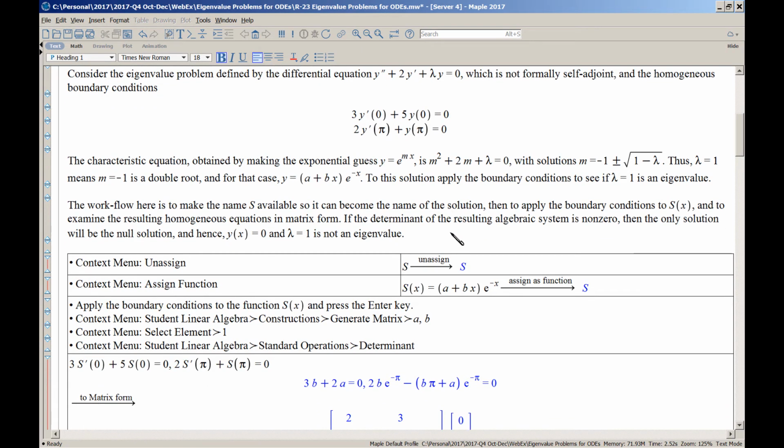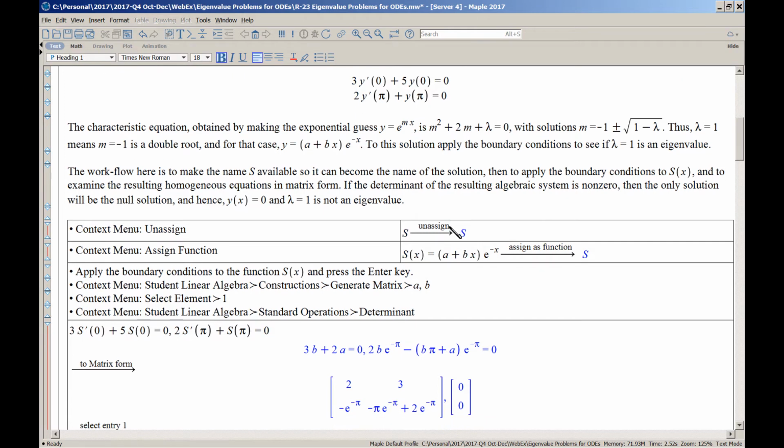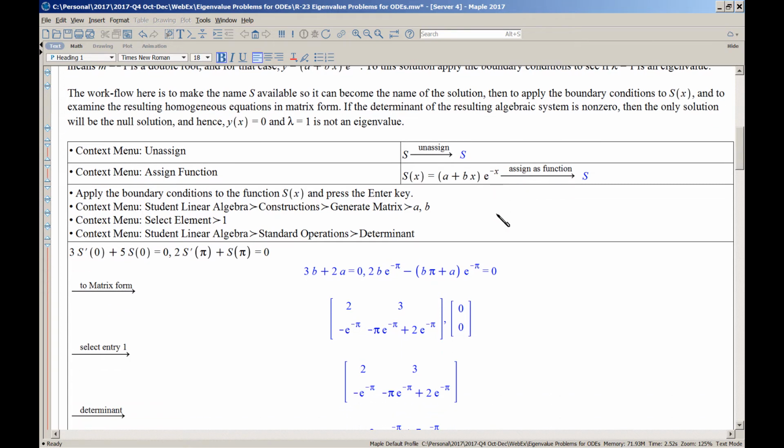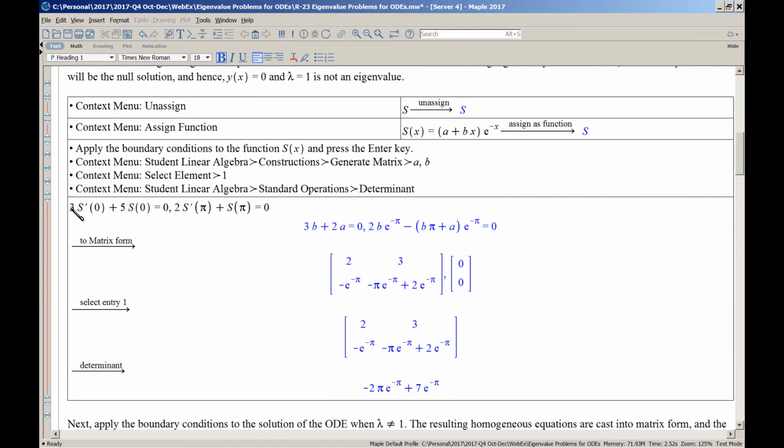And I've got to check to see if lambda equals 1 is an eigenvalue, but I have to use this solution to check that. Okay, so I've unassigned S. I want to make S be this solution. Make it a function so that I can apply the two boundary conditions.